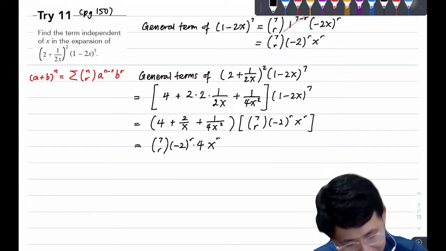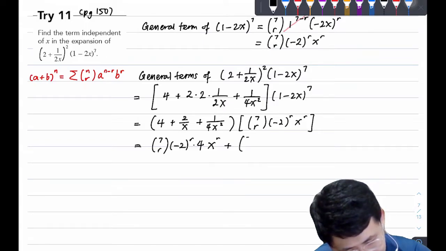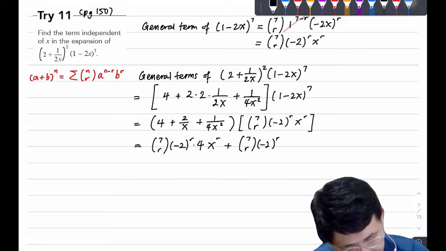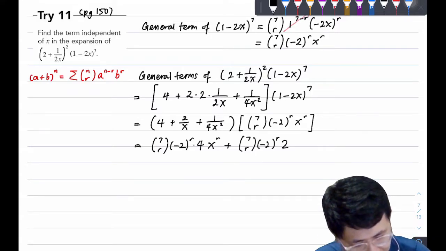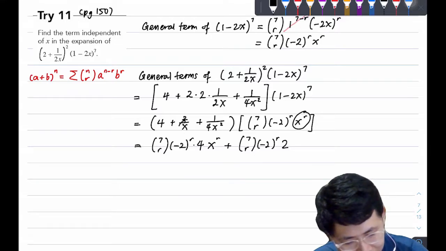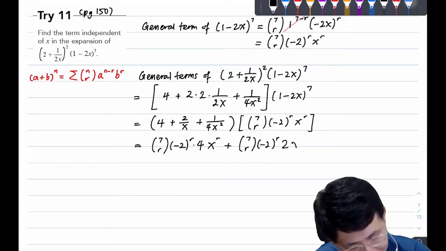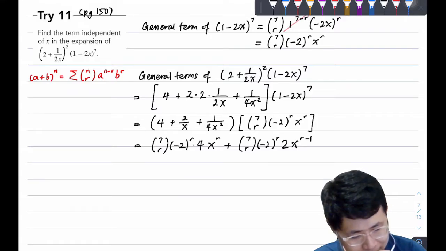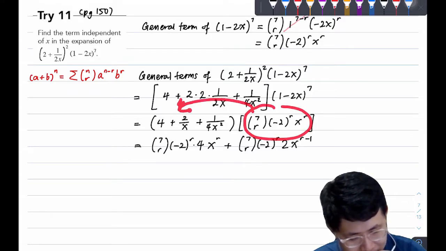Okay, first one. Second one would be 7 choose r in front, then I have (−2)^r times 2, and then x^r over x. This is actually x to the power of r minus 1. You see this? This one is now multiplied with this.